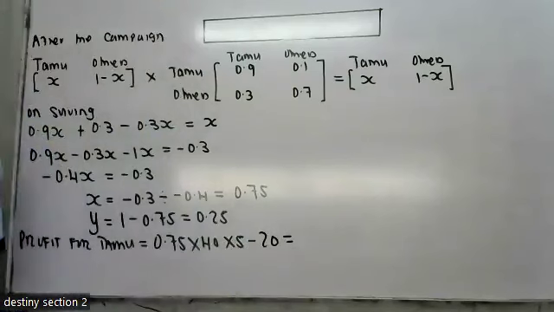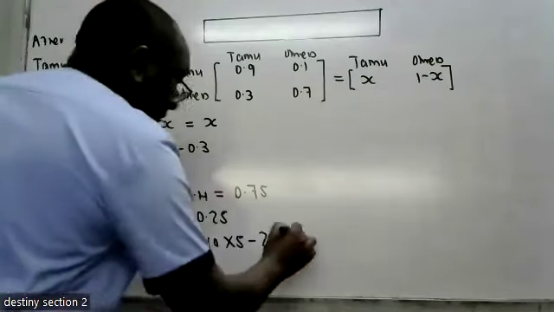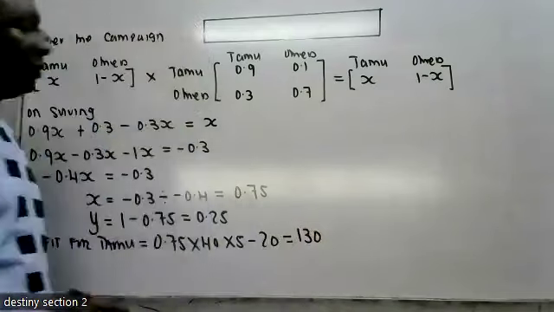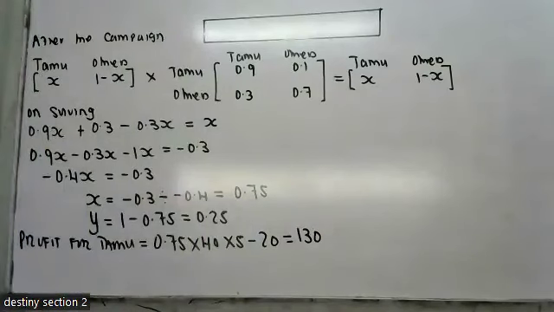The cost is 20. So this will be 0.75 times 40 times 5 minus 20. That gives us 130.